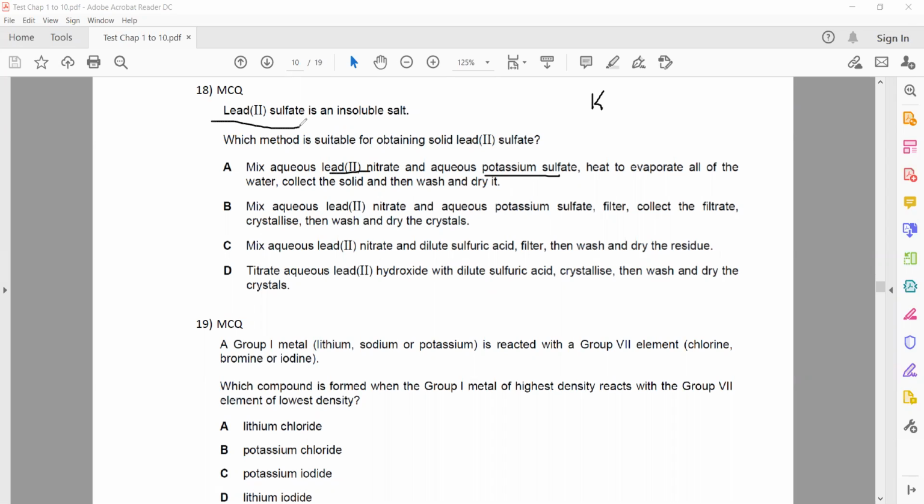we want to produce lead sulfate. So we mix lead nitrate with potassium sulfate, and when they react with each other, heat to evaporate? We don't use evaporation here.